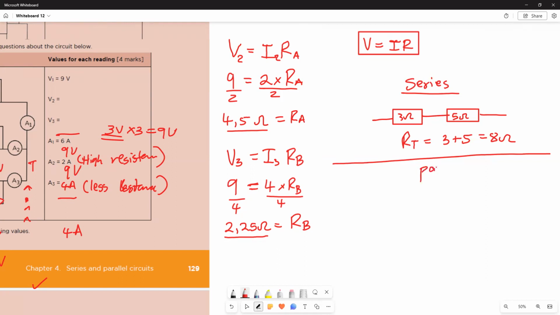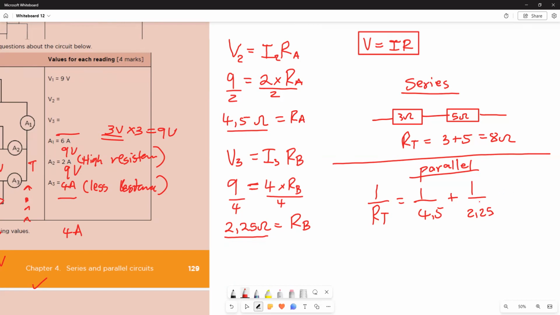But now let's see in parallel. In parallel, let's say the resistors were in parallel just like that. So in parallel, you do a fraction. 1 over R total is equal to 1 over the first resistor, which is 4.5, plus 1 over the second resistor, which is 2.25, right? If you had the third one, you are going to say plus 1 over whatever the resistance is, and so on.